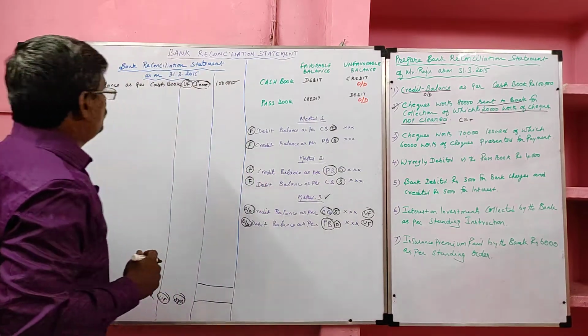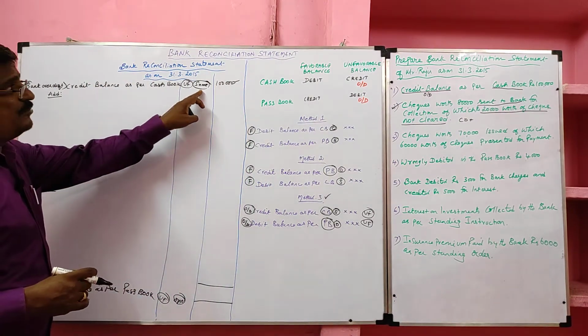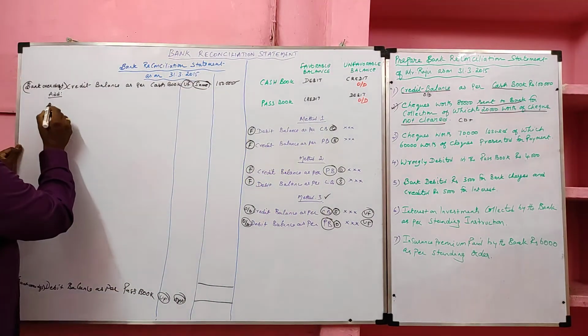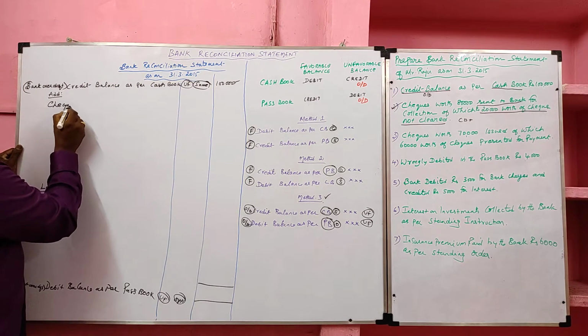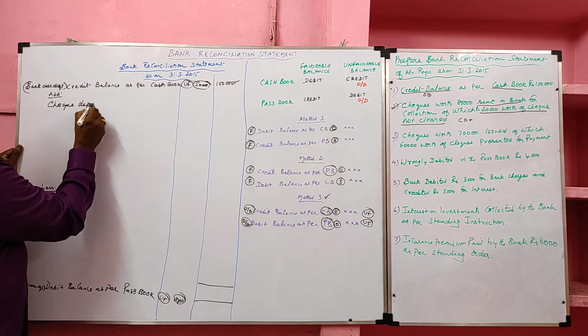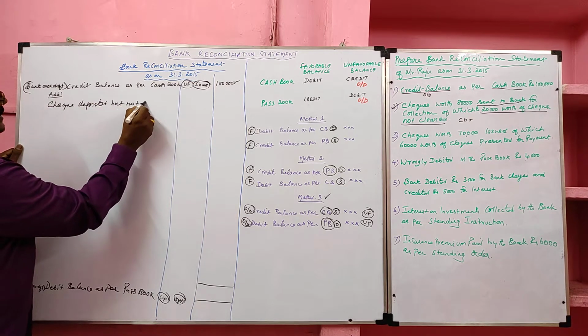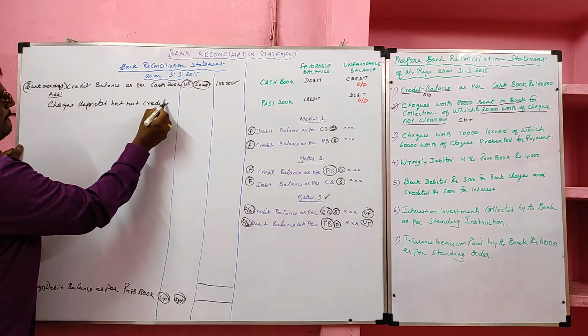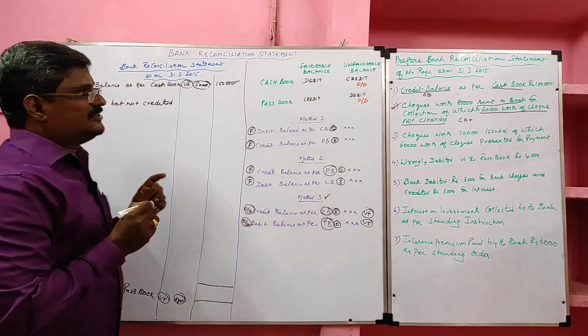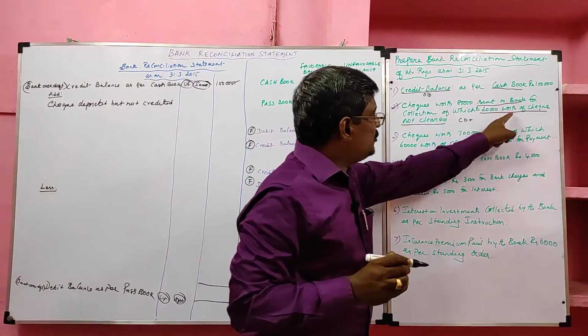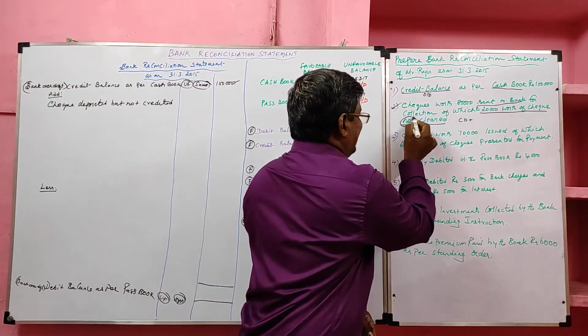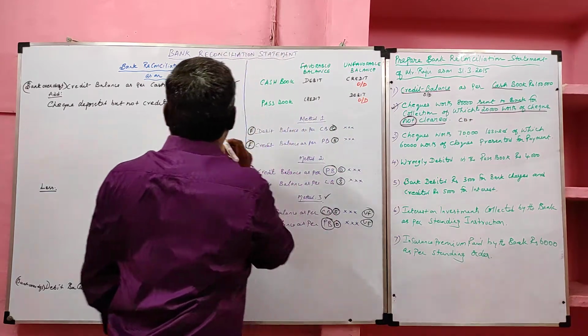What do we have to do? Same thing. So check deposited but not credited. How much? 20,000 worth of check not credited is given. So we can take 20,000.